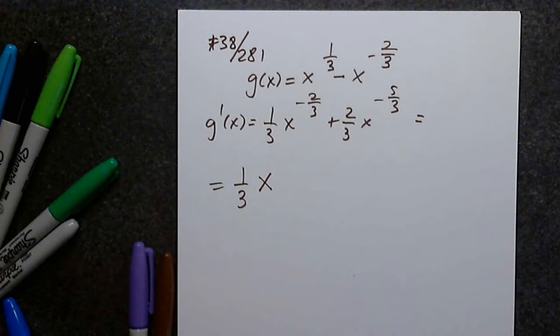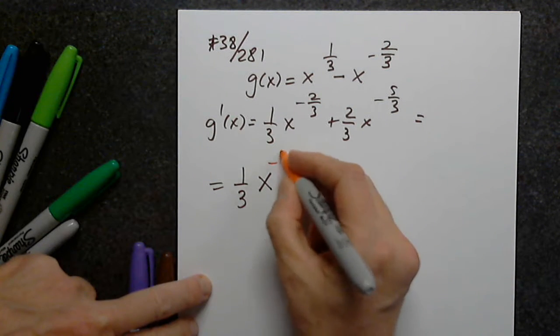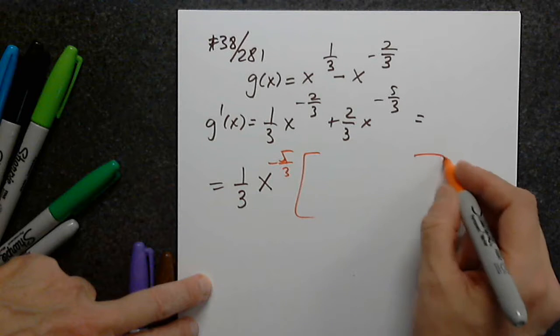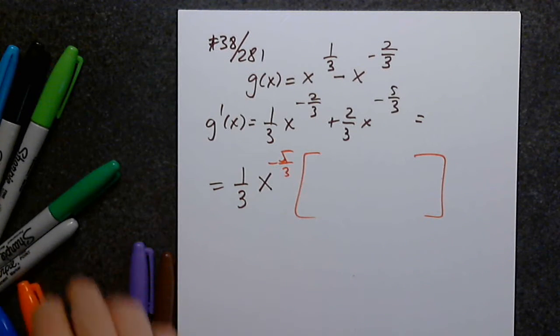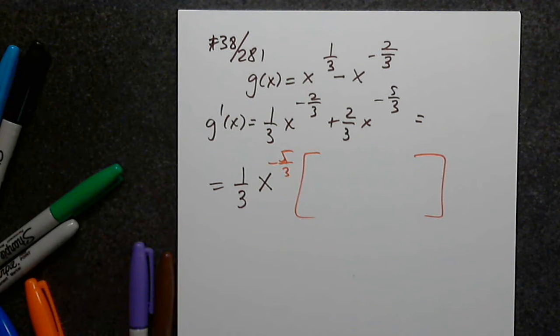So which one is it? The negative 2/3 or the negative 5/3? Very good. So negative 5/3. And now careful what we get. So what is the first term?